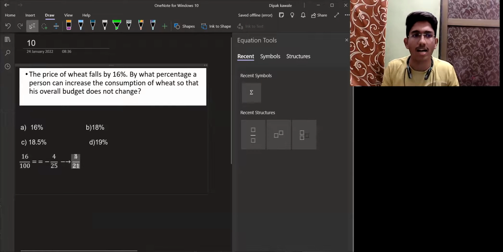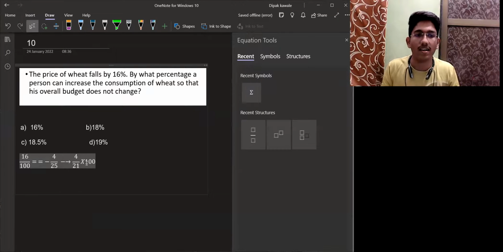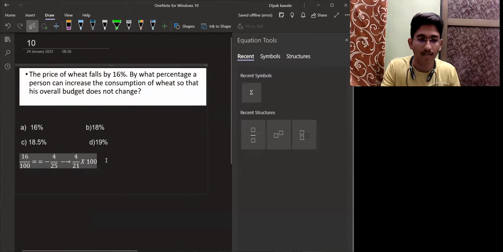But they have asked me to calculate the percentage, how much percentage I should increase. So we should multiply it by 100. So this will become 400 divided by 21.